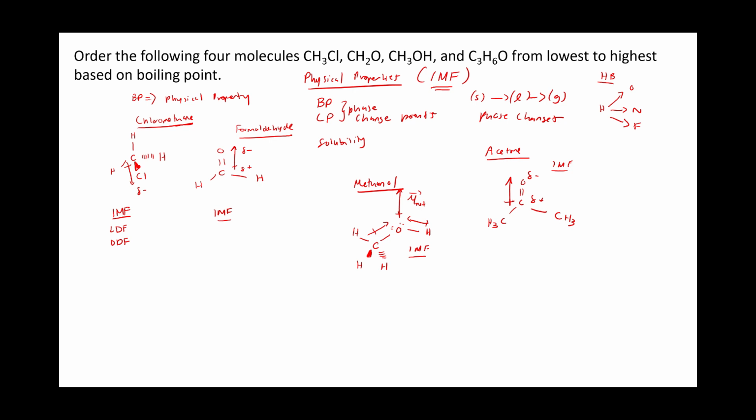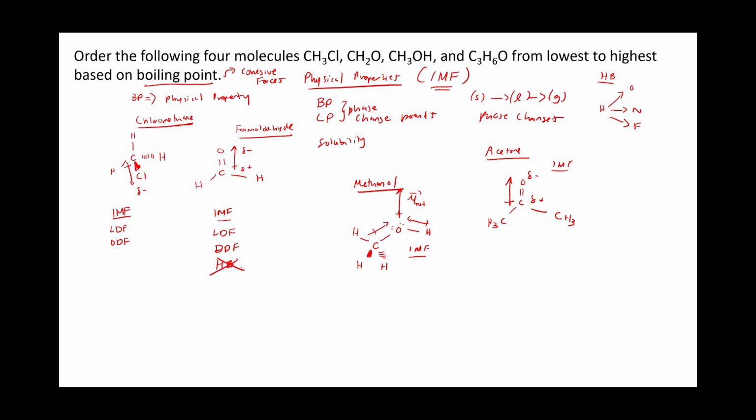Formaldehyde, because it is polar, has London dispersion forces and dipole-dipole forces, but it doesn't have hydrogen bonding because, what we're looking at right now, boiling point, is a type of physical property that involves cohesive forces. Cohesive forces are forces between the same molecule. So there is no hydrogen bonding here, right?